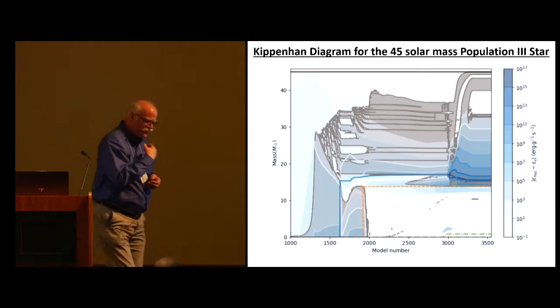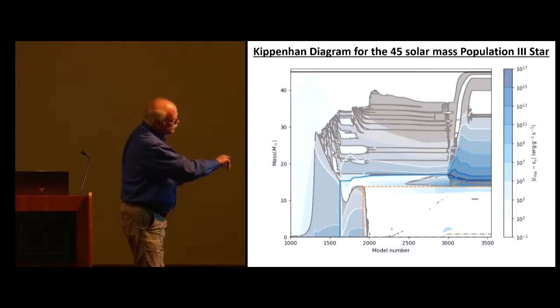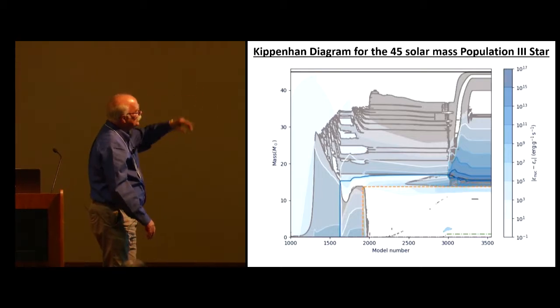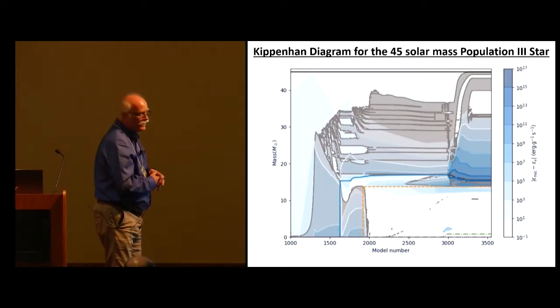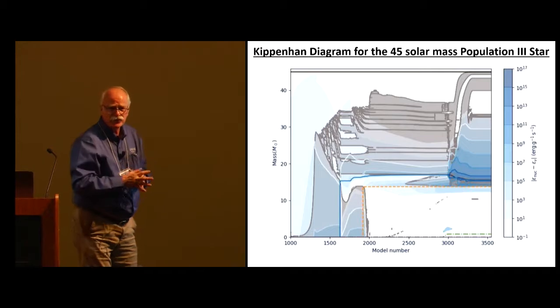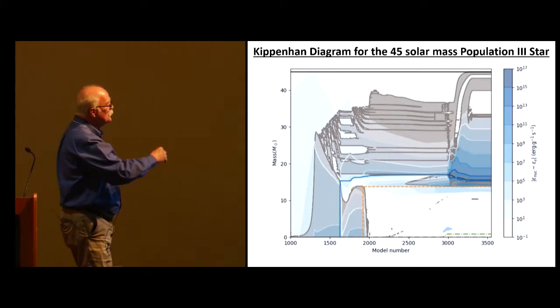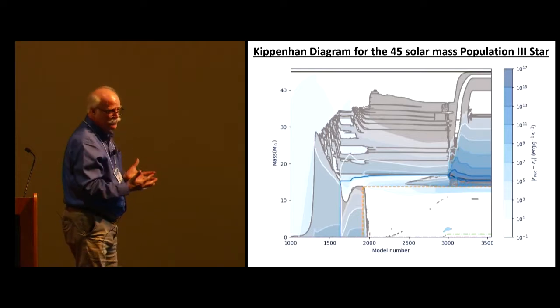And this is another one of these, with time on the x-axis and mass coordinate on the right axis, and it would take me too long. I can see from the clock, there's no time to explain what this means, but you should just see that, well, it's sort of a mess.